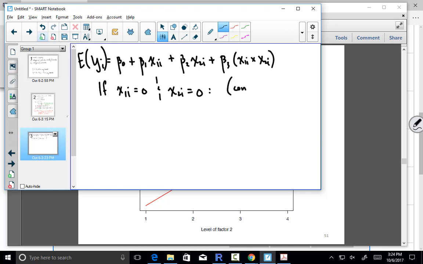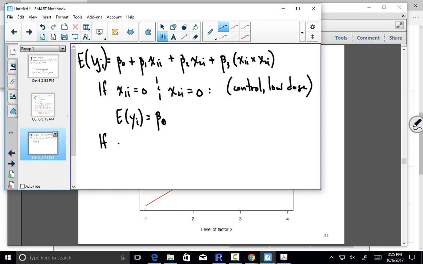So control, low dose. If you plug in x1i equals 0 and x2i equals 0 in the model, this corresponds to saying the expected response is just equal to beta 0. For individuals in the control group who got low dosage, my model says that the mean is beta 0.